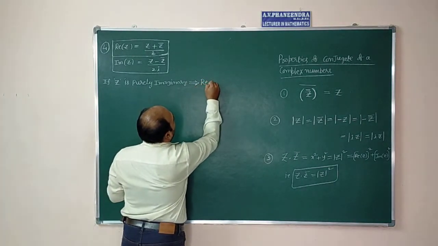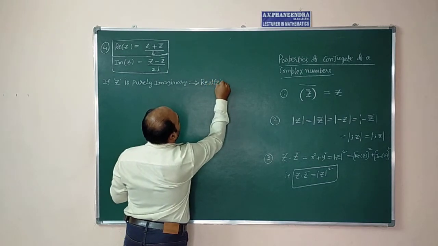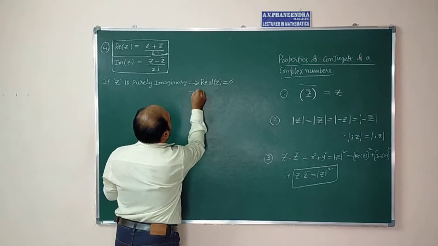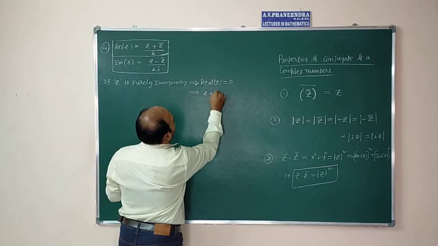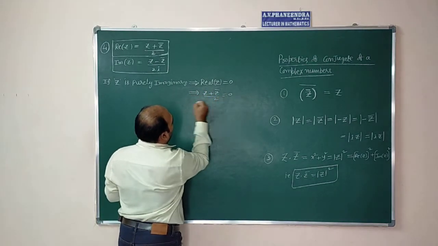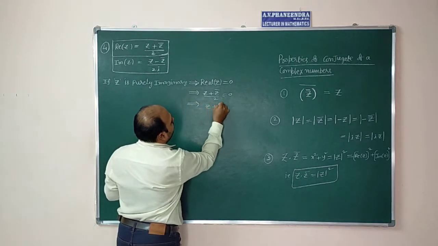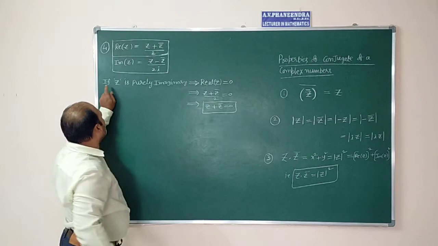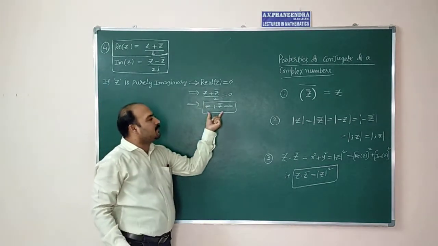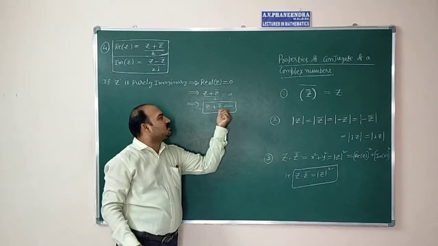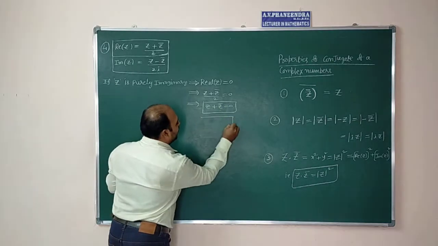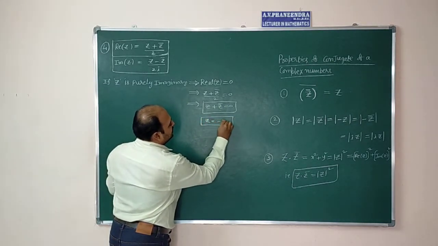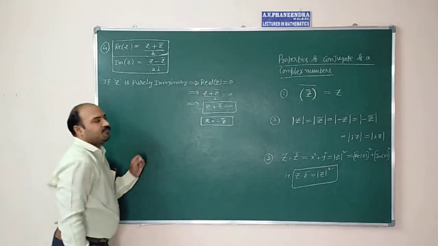If you equate the real part to zero, you will get z plus z bar by 2 equal to 0. That implies z plus z bar is equal to 0. Sometimes in objective questions you use z plus z bar is equal to 0, otherwise, z is equal to minus z bar.